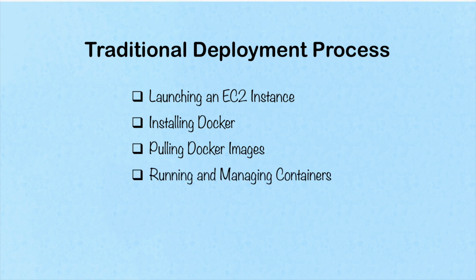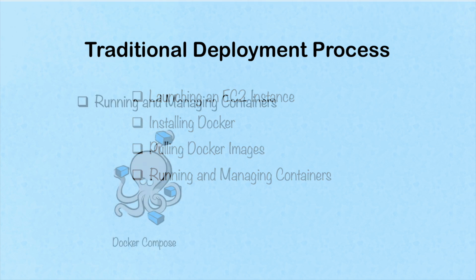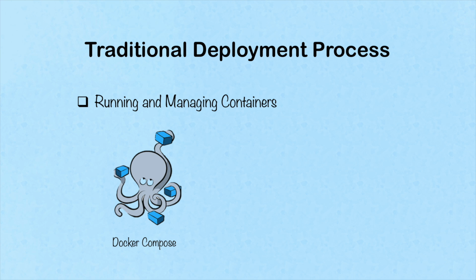Once we had our Docker images, the next step was to run our containers. But running a single container was just the beginning. Real-world applications often needed multiple containers working together. We could start a container using a simple Docker run command, but managing multiple containers manually quickly became complex. To simplify this, we could use Docker Compose, which allowed us to define multiple containers and their configurations in a single file.